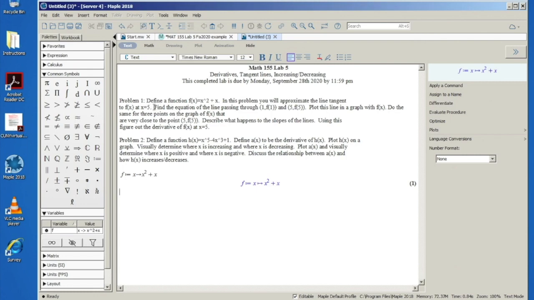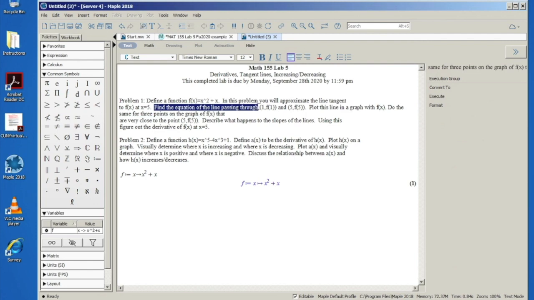To do this, we'll first find the equation of some other line, and this particular line will be the line passing through the points (1, f of 1) and (5, f of 5), where in this coordinate pair, the first coordinate is x and the value is 1, and the y coordinate is given by f of 1. If you remember from pre-calculus, whenever you plug into a function for x, the output will be y, because f of x equals y.